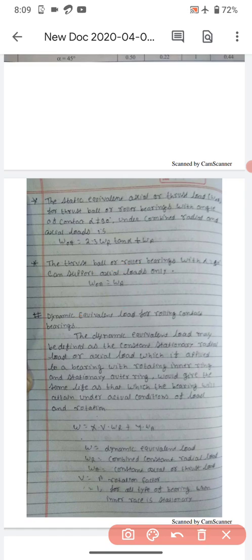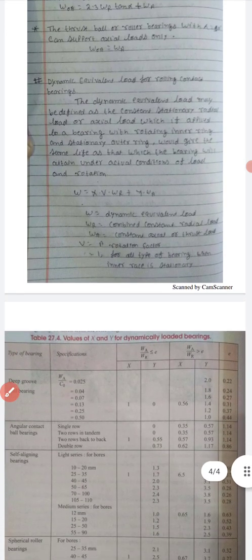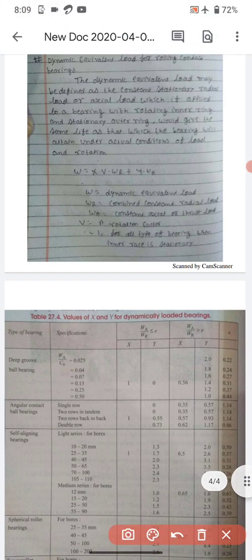Next, we had seen static equivalent. Now you are going to see the dynamic equivalent load for the rolling contact bearing.